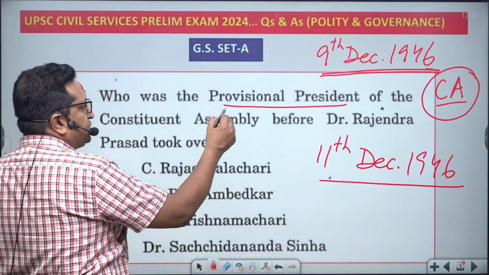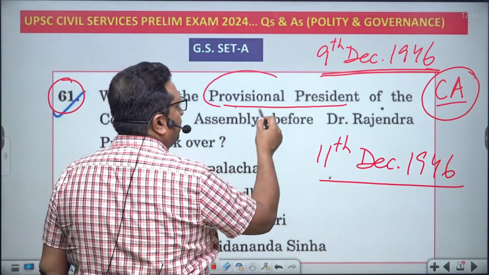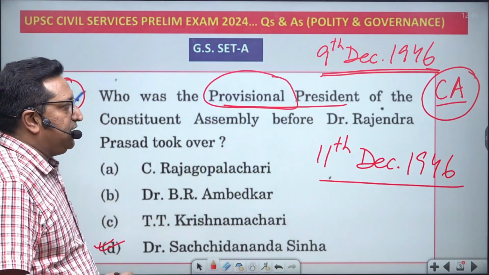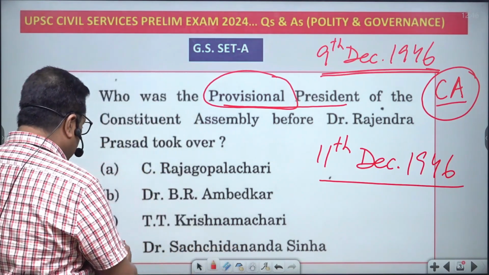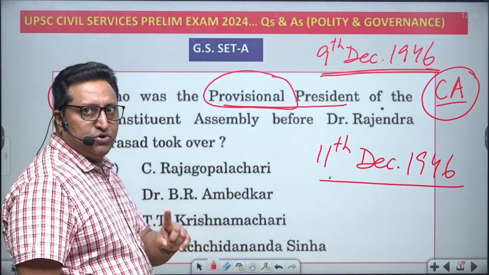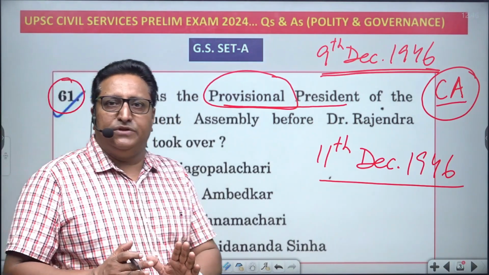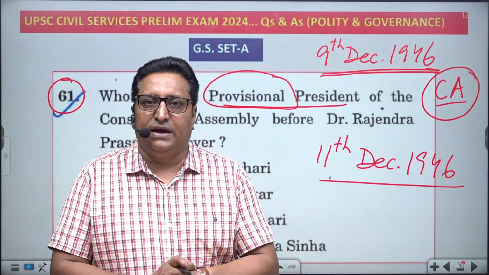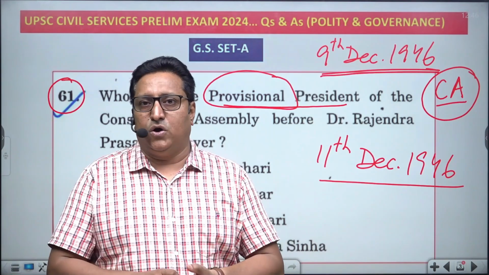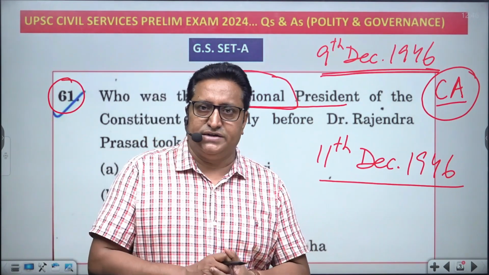Since the question is asking about the provisional president, it must be Dr. Sachidanand Sinha, who was appointed, not elected.